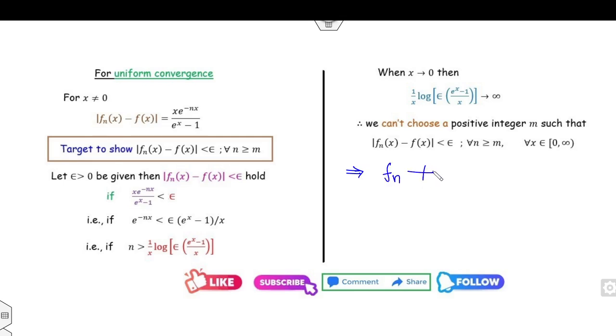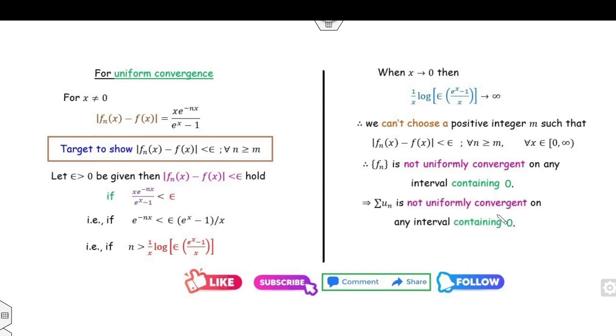That means fn(x) does not converge to f uniformly on the interval [0, 1], or rather, it fails at the point where x is equal to 0. That means the series is not uniformly convergent on any interval containing the point 0. Therefore, the given series is not uniformly convergent on the interval [0, 1].